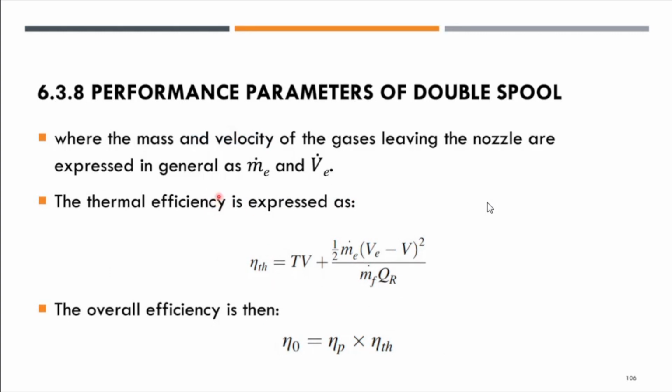The mass and velocity of the gases leaving the nozzle are expressed in general as mass flow rate at exit and VE, the velocity at exit. Okay, so the thermal efficiency is expressed as zeta TH, and the overall efficiency is then written as zeta O overall equal to propulsive efficiency times the thermal efficiency. Remember that thermal efficiency, you have the component of the QR over there.